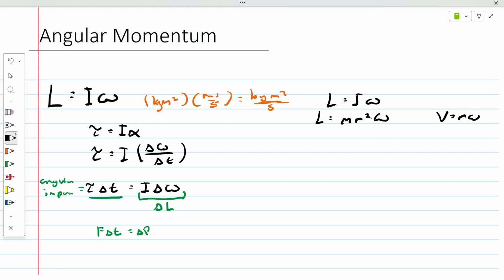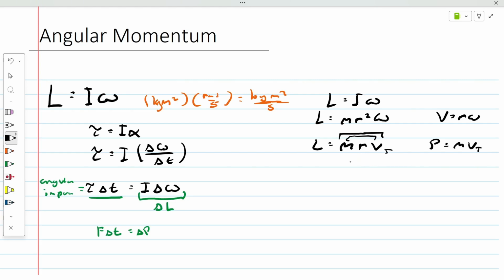So we have an r and an omega right here. So we can take one of those away and just get m times r times v, because there's 2 r's when you square it. But then we also know that this m times v right here is just linear momentum, mass times velocity, and these are tangential velocities.